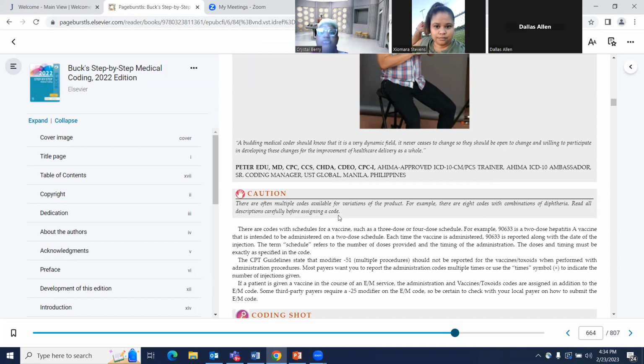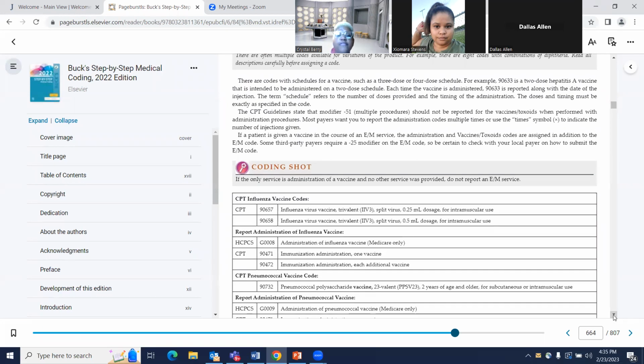So in that patient's chart, you want to make sure that you are reading everything, the dosage, the age. You want to make sure that you're reading everything in that chart before you code. So basically, you really need to pay attention to your vaccinations, your coding shot.